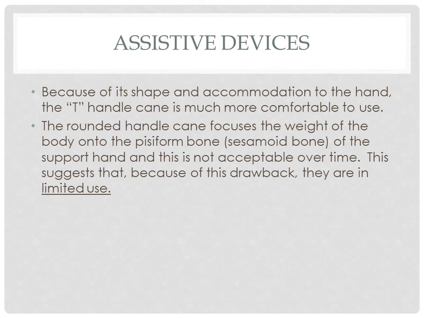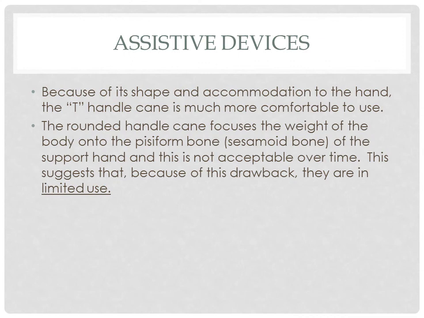And you'll recall that the pisiform bone is a sesamoid bone, just like the patella is a sesamoid bone. It's embedded in the tendon of the flexor carpi ulnaris muscle. And because the weight then comes down onto the sesamoid bone, this is not acceptable over time. This is going to be painful to use over time.